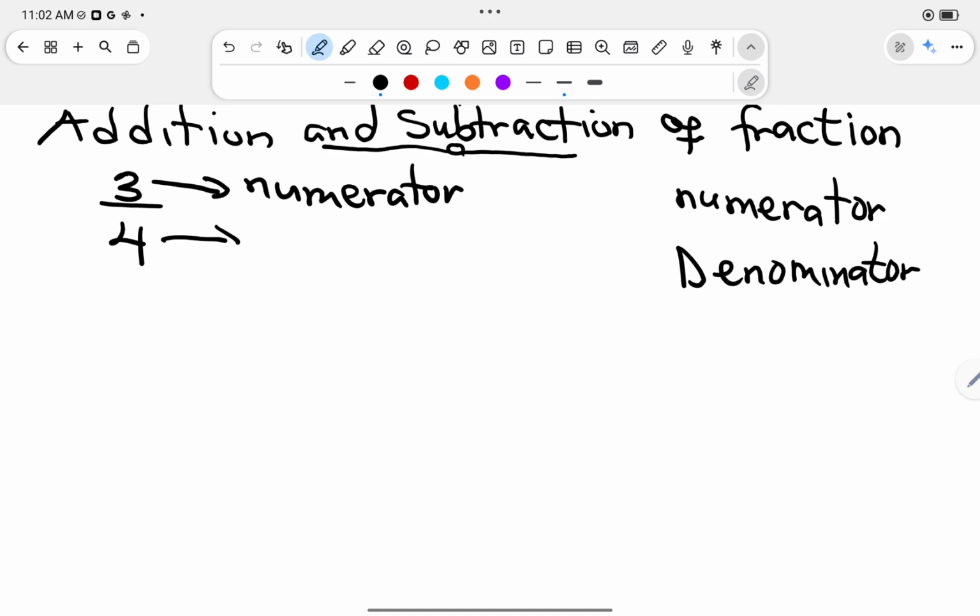The number down here is called the denominator. So these are the two key words we'll be using in our lesson today.